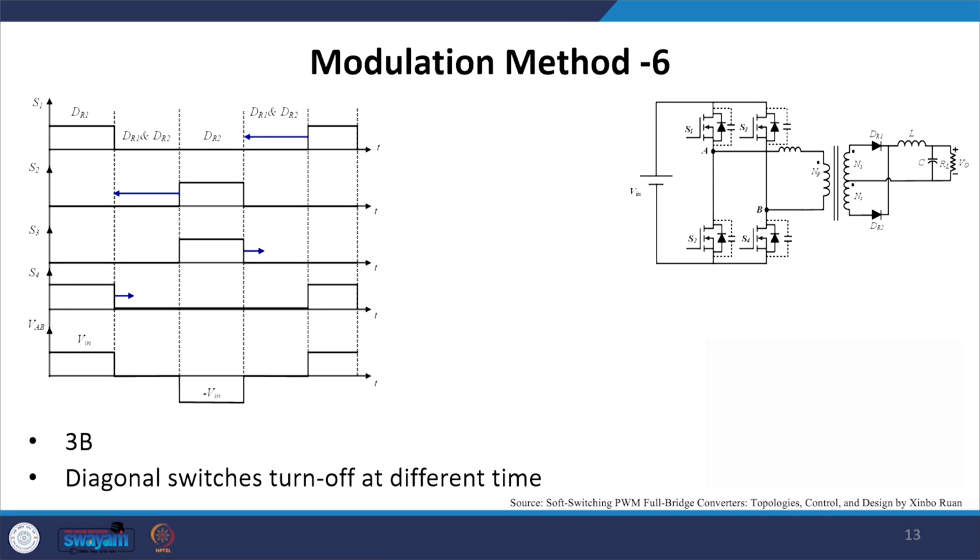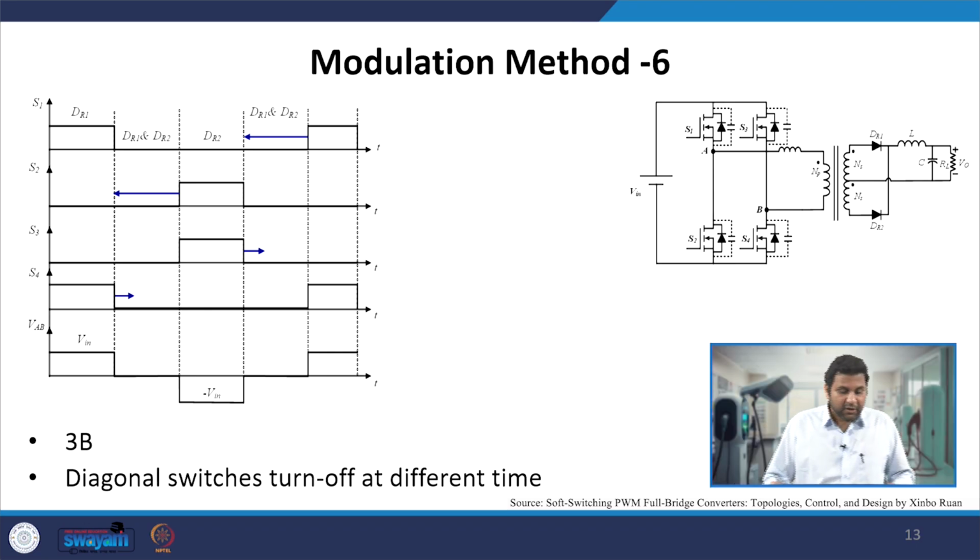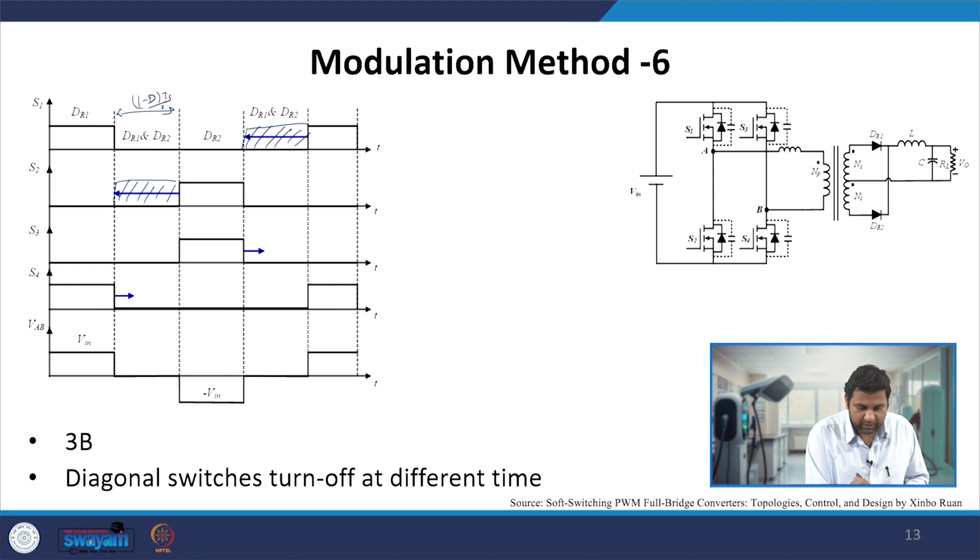Then in modulation method 6, in the leading leg side, which comprises the S1 and S2 switches, we have adjusted the T on period by 1 minus dTs by 2 period, which gives you T on of S1 and S2 to be Ts by 2.